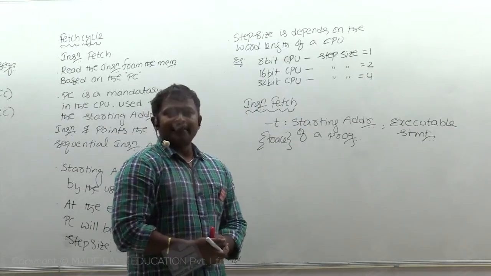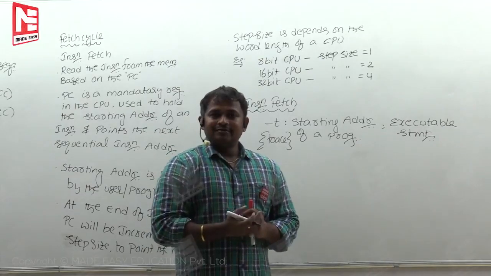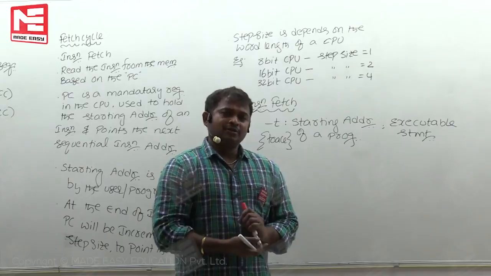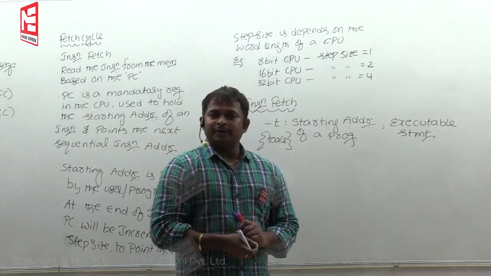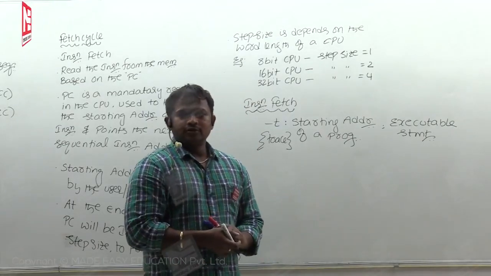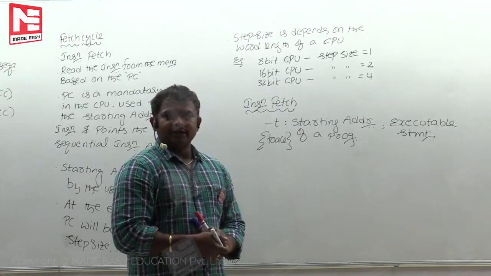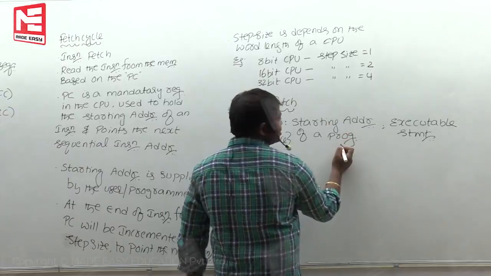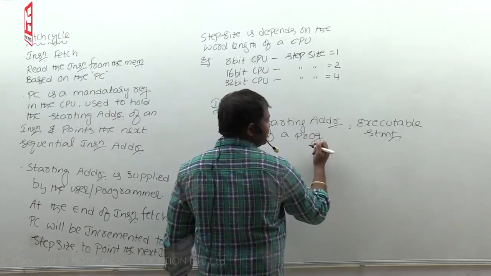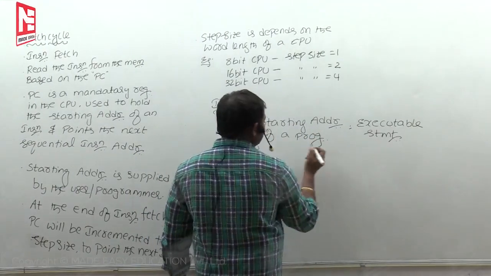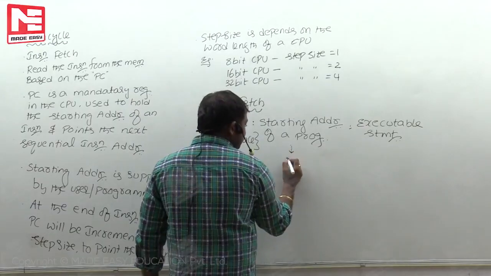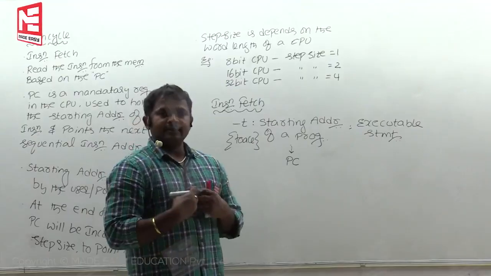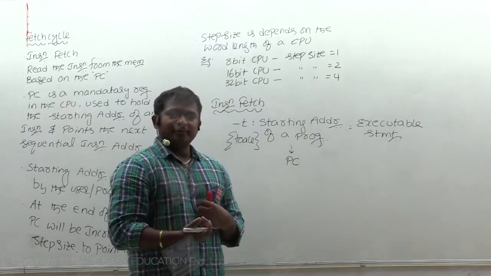Suppose the program contains 10 instructions. When we use the T command, it shows the output of every instruction. So 10 times the program will be interrupted. So we can see every instruction output individually. Now, this is the starting address of a program given by the user. So that is called the executable statement. Now this starting address is loaded into the PC. Whatever address is given by the user is directly loaded into the PC.